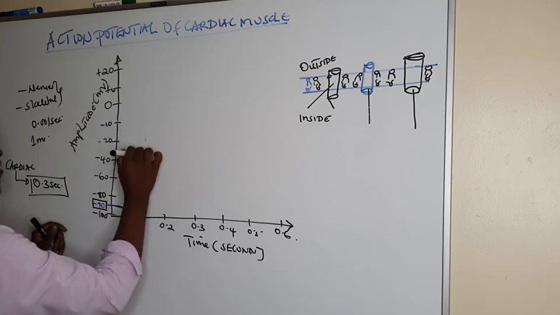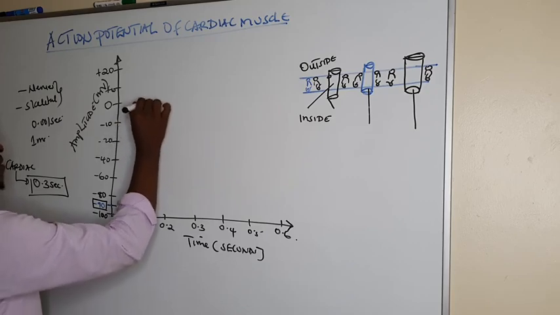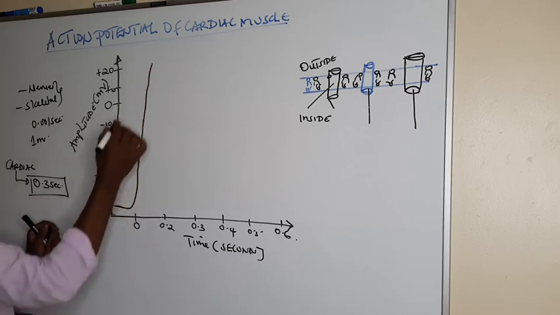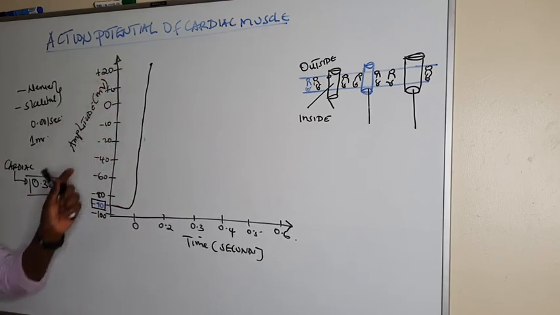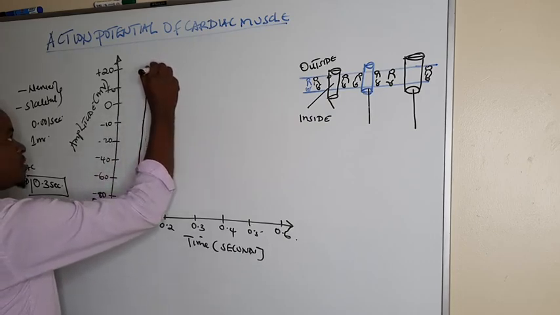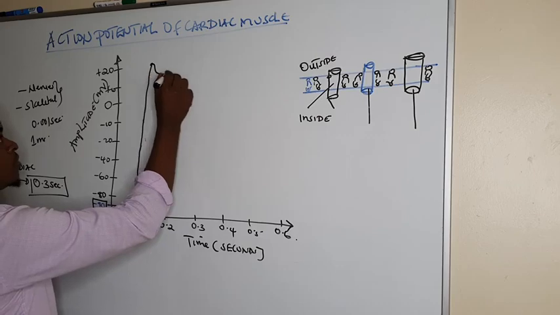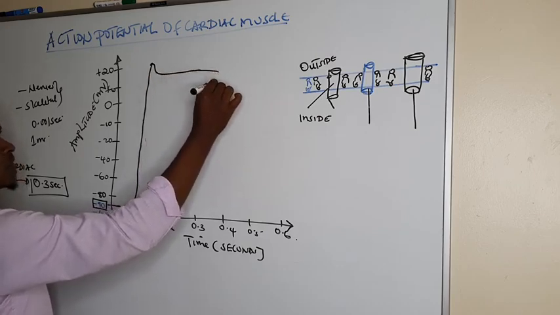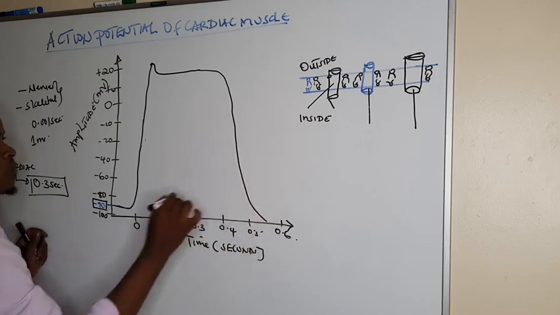It is very rapid, and it is caused by influx. Then after attaining a peak that is at plus 20 millivolts, there is always the initial repolarization. And after initial repolarization, we go into a plateau phase. And after the plateau phase, it undergoes repolarization.